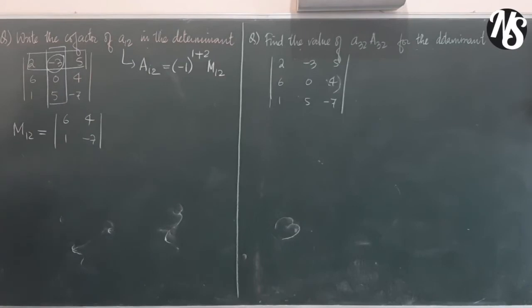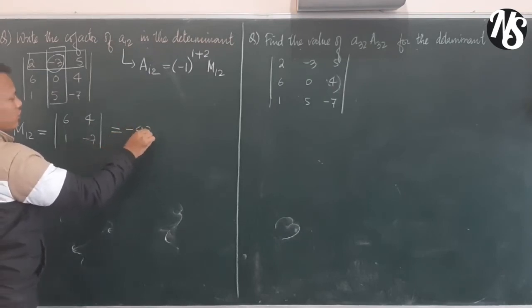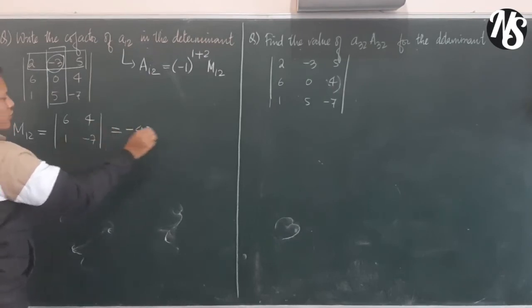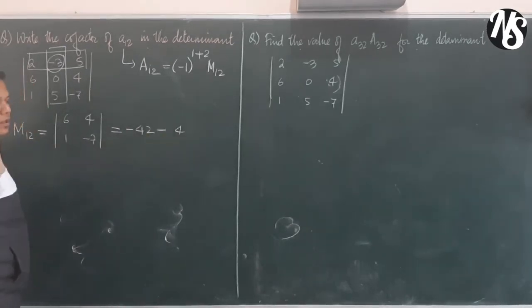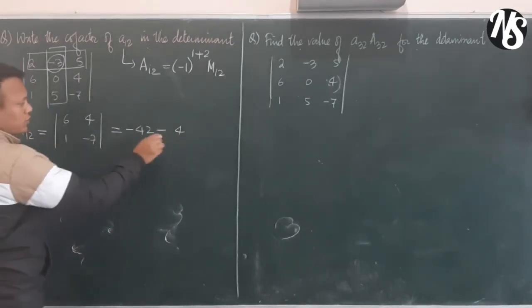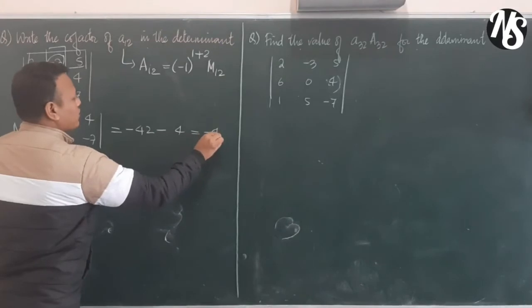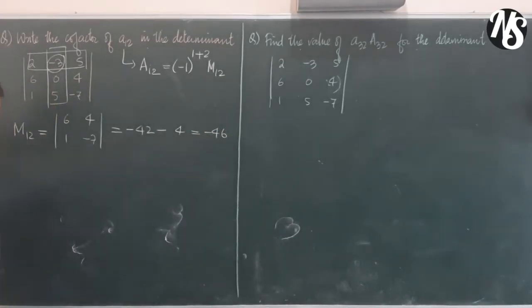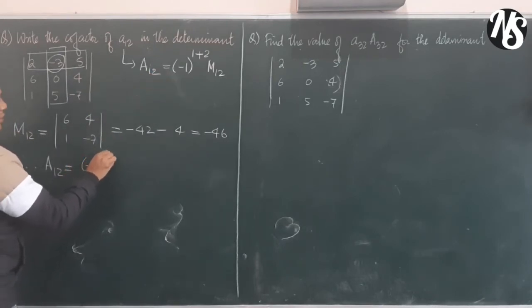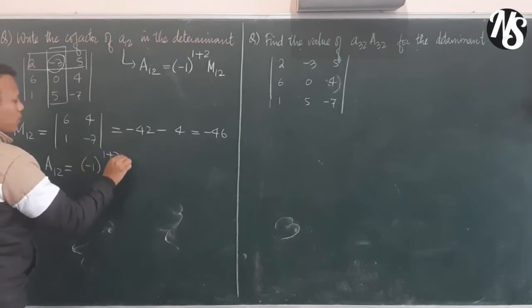Let's evaluate this. Do the cross multiplication. 6 7s are 42, with sign it is minus 42. 4 1s are 4, sign comes minus here. So, how much is this? Minus 46. Therefore, the cofactor A12 as per the formula is minus 1 to the power 1 plus 2 times M12.